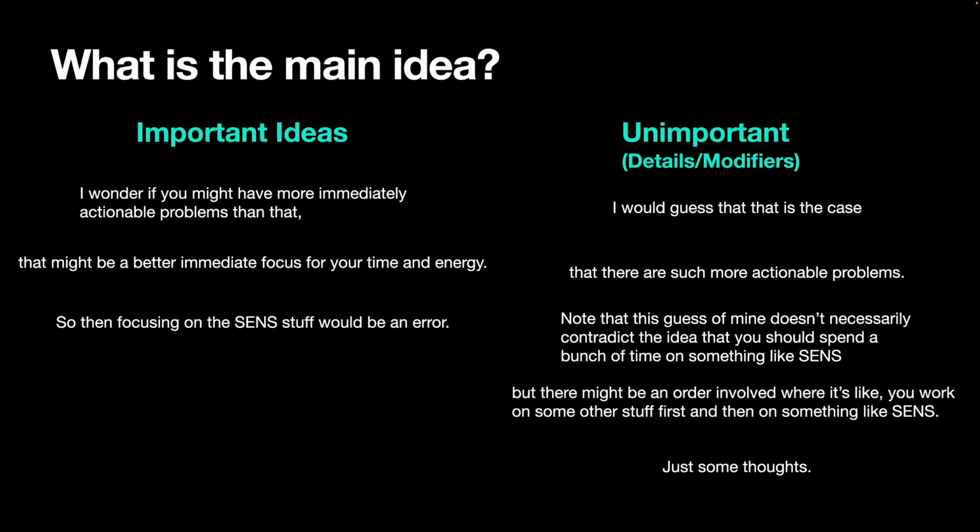So the next thing I did is sort them for important ideas versus unimportant ideas. The unimportant ones are details or modifiers, or things that you could leave out. The important ideas are things that might be the main idea of the paragraph.